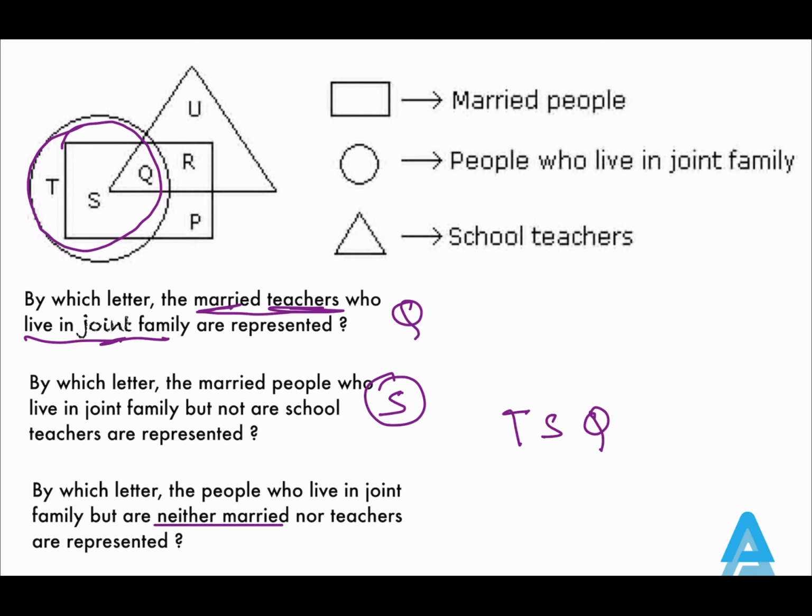So you can say that whoever is in square is married. So if you remove the square, you are going to remove S and Q. So the only people left are T. Okay.